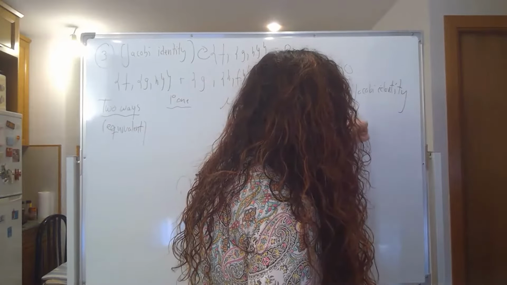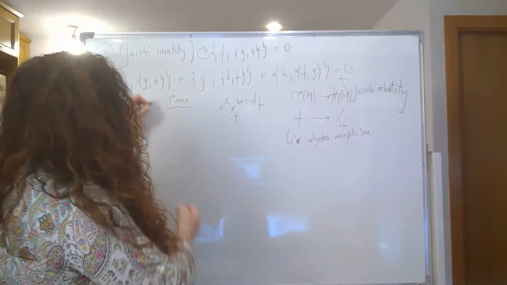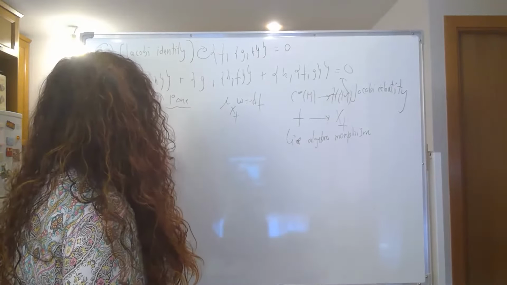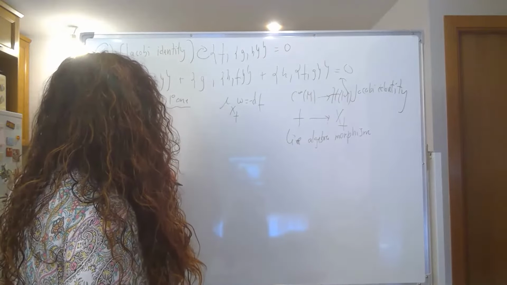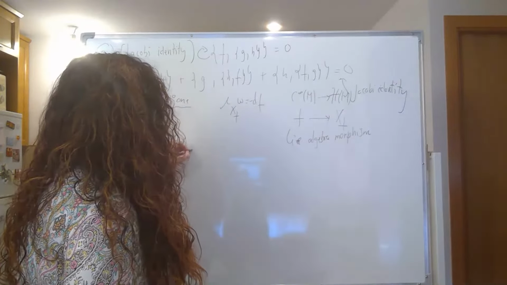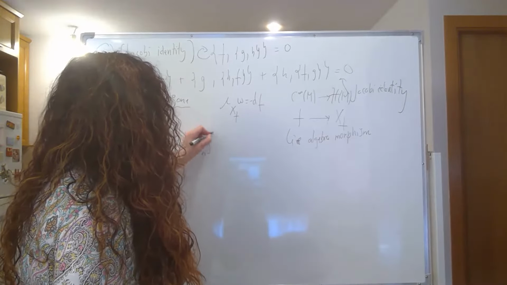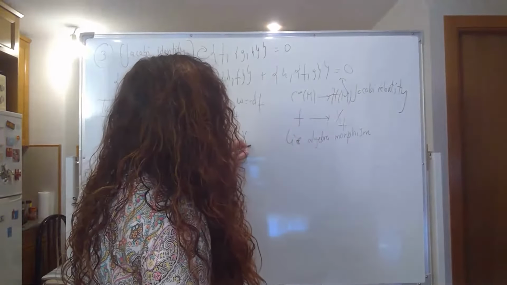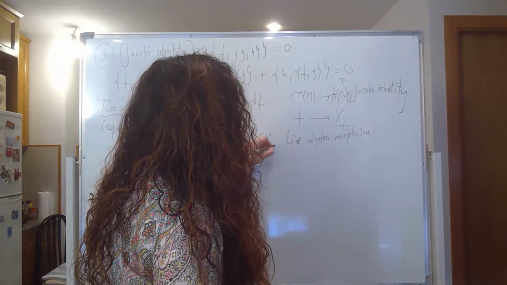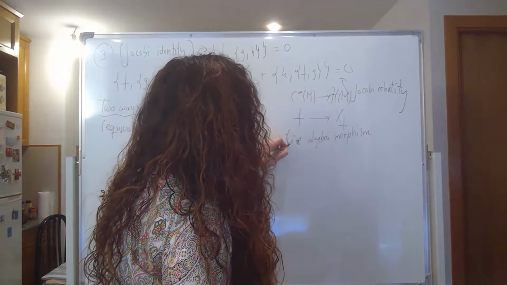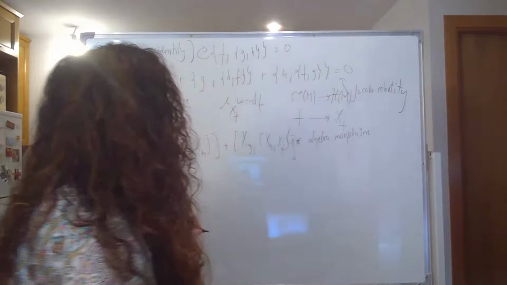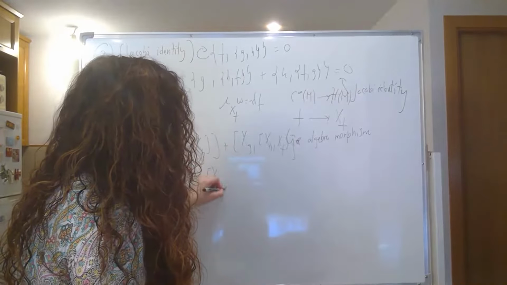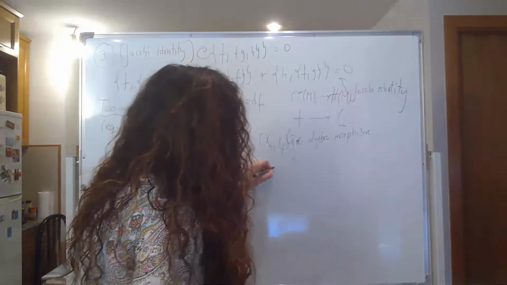So that would be the first one. If you use this way, this is equivalent to checking, and that's an exercise that I left, that you can translate everything in terms of the Lie bracket. Plus, then you translate X_h, X_f, X_g. That's the first approach.